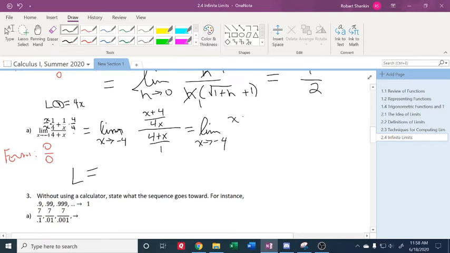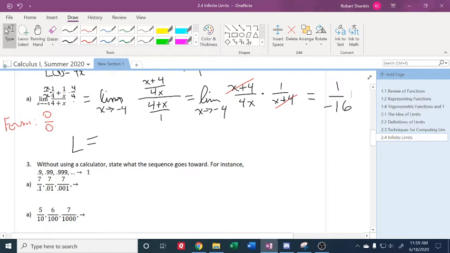The top one stays, the bottom one flips. And I'm going to rewrite that as x plus 4 to make it look identical to the other one. And then these are going to reduce. And I am going to get, as x approaches -4, the top is 1, the bottom is -16. Okay.